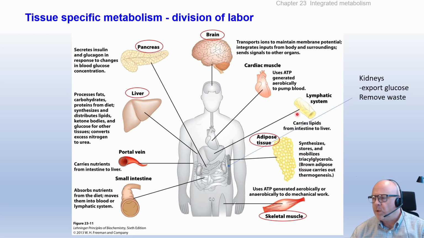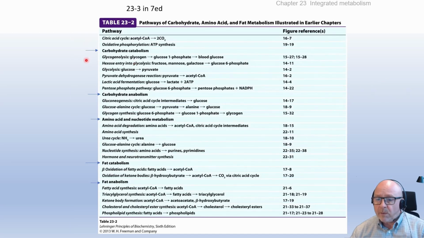And the lymph system, which carries lipids from intestine to liver, you've probably already covered. And then the heart, just briefly, we will mention that it uses ATP generated aerobically, and its function is to pump blood.